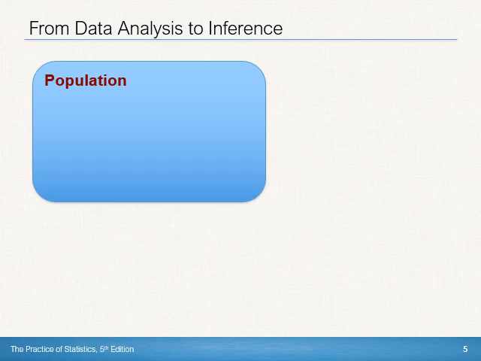This population could be the mice, a particular species of mice. It could be the soda cans that were filled at a Coca-Cola bottling plant last Tuesday. So population can be a lot of things. It's just what we're interested in measuring some aspects or characteristics about.